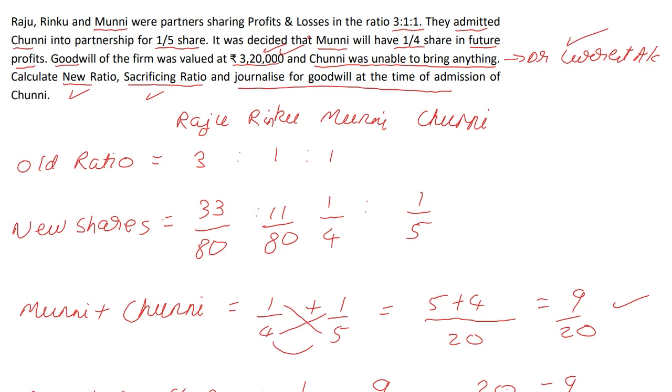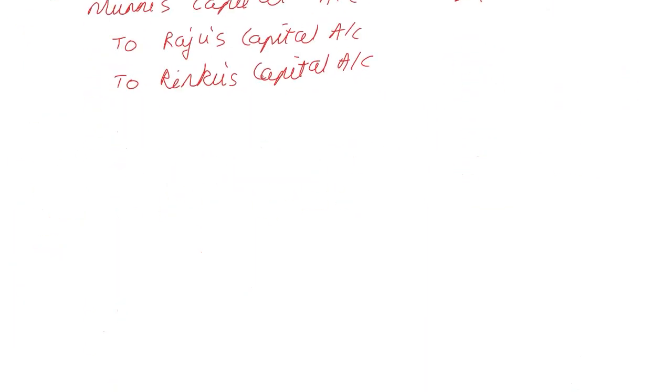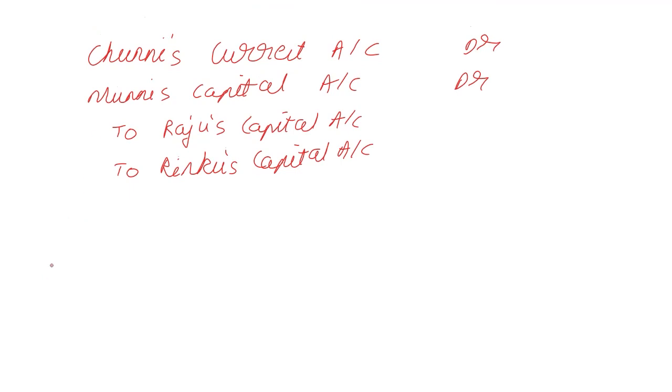is 3,20,000. Okay, so I'm going down here, and what I'm going to do is for all of them, Chunni, Munni, Raju and Rinku, we have some or the other calculation.